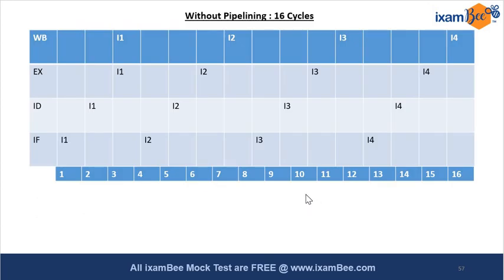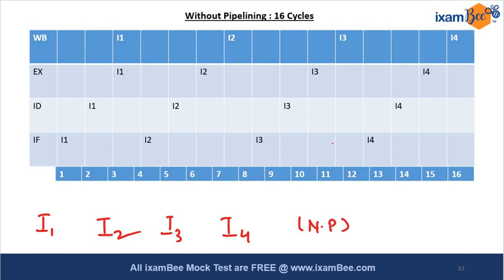Now let's understand what exactly we do without pipelining, and then we will understand what is done with pipelining. Let's assume we have 4 instructions, I1, I2, I3 and I4. These are the 4 instructions that we are going to execute in the non-pipelining manner.